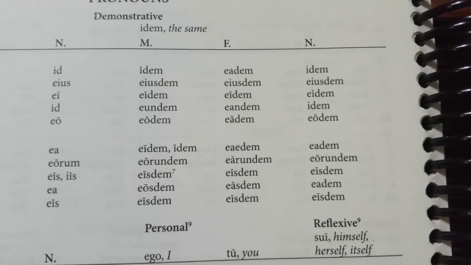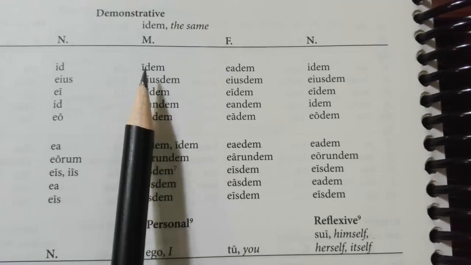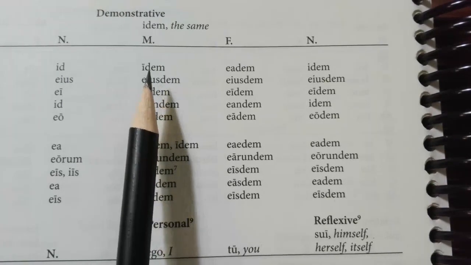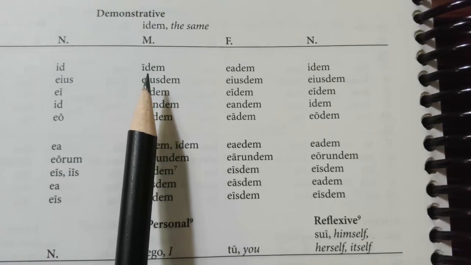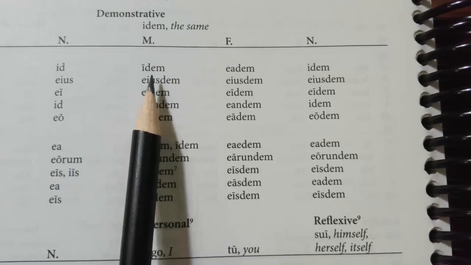Exactly the same here, except we're adding dem. Now, if you add dem to is, the s drops out, which makes sense because s is behind the front teeth, as is d. So the s gets supplanted by the d because they're both in the upper dental region.